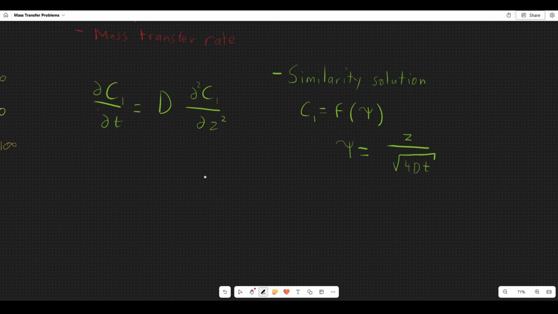Okay, so now that we're given what psi is, we can change this Fick's second law into psi, and it will allow us to solve this equation better.